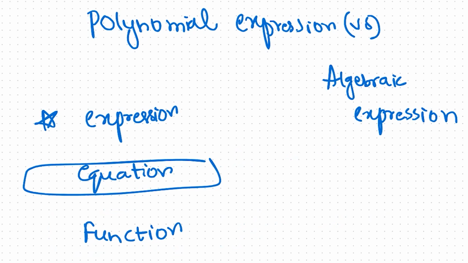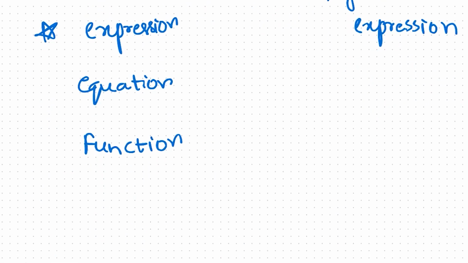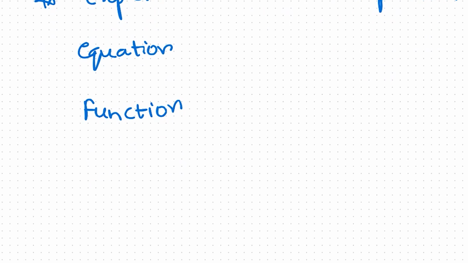So let us understand what is meant by polynomial. The long definition is a combination of numerical constants and variables, like many terms.